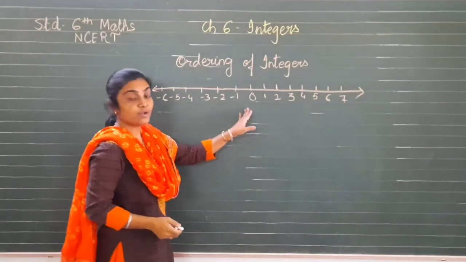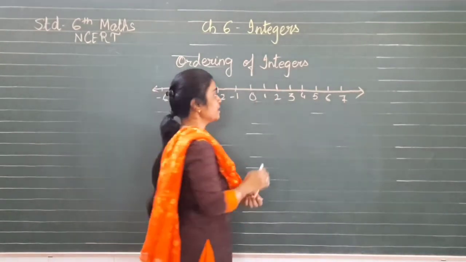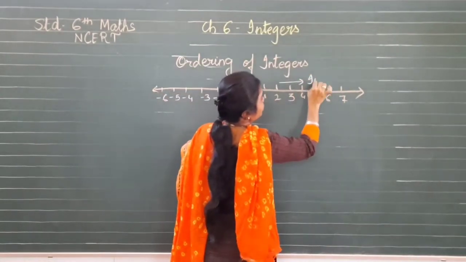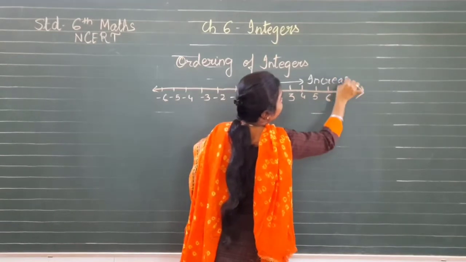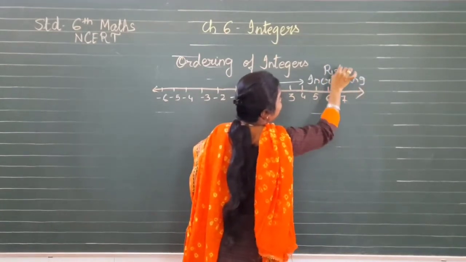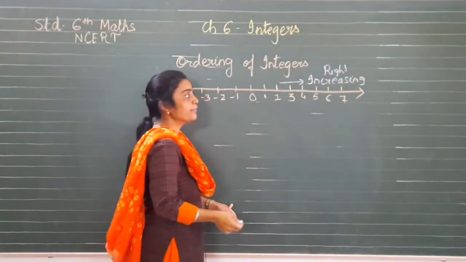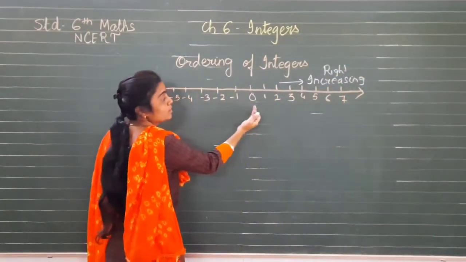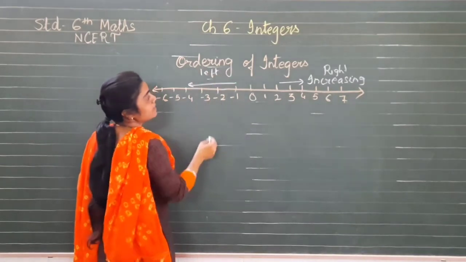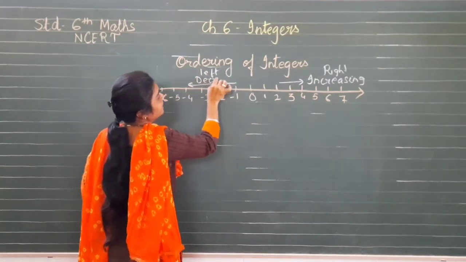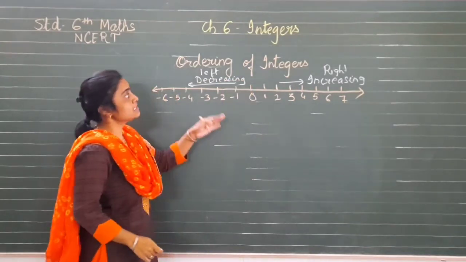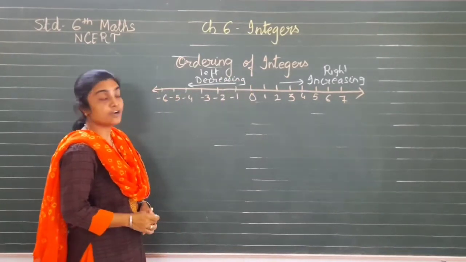Now as we go on the right side, that means from 0, above 0, the numbers go on increasing. That means if we go on the right side, the numbers become greater. And if we go towards the left side, the numbers go on decreasing. The values go on decreasing. So this is how we can arrange the order of integers.